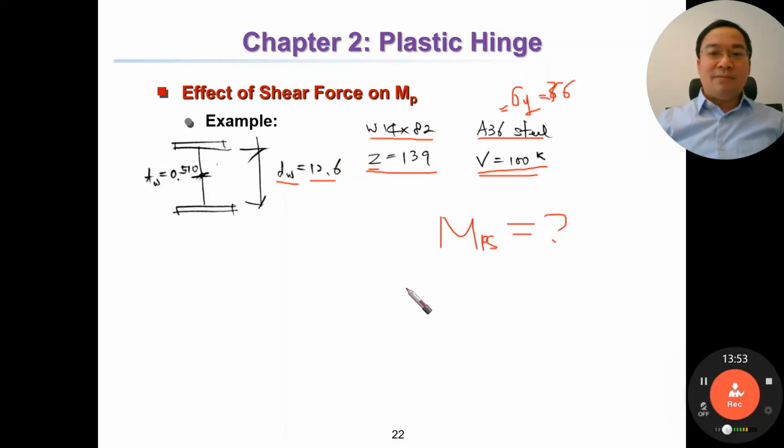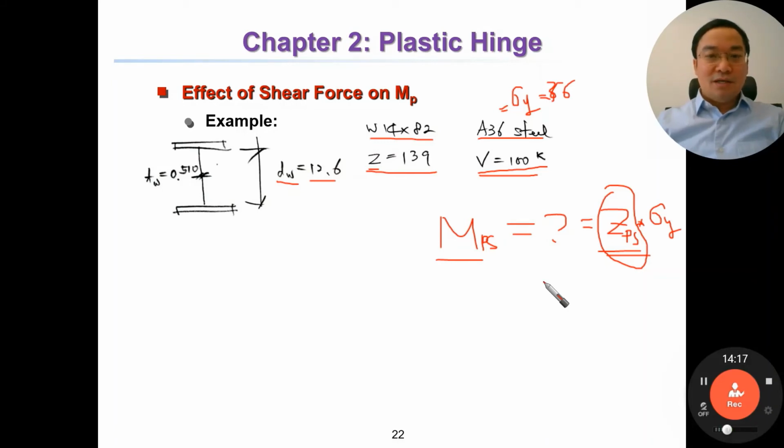For Mps equal to Zps multiplied by sigma y. So if you can determine Zps, then we can calculate Mps. And we already know how to calculate Zps using the previous equation, right? Okay.